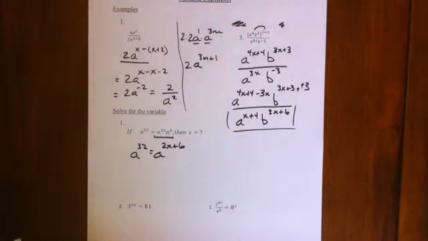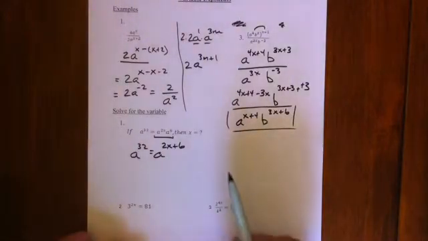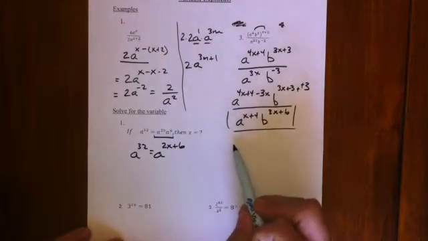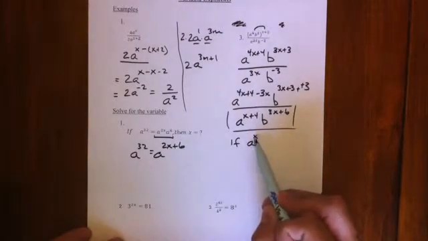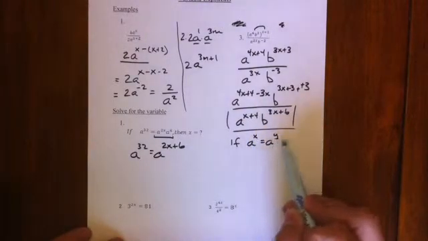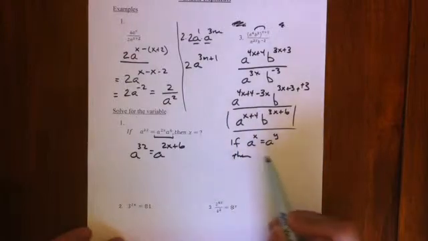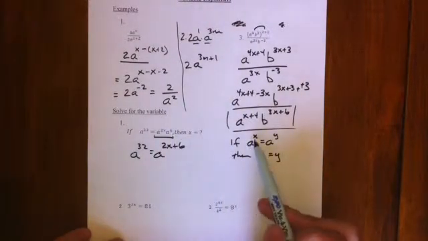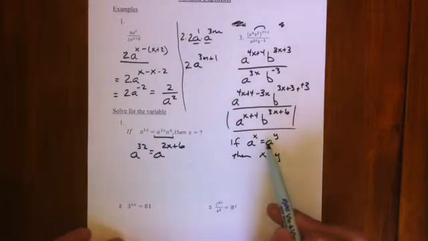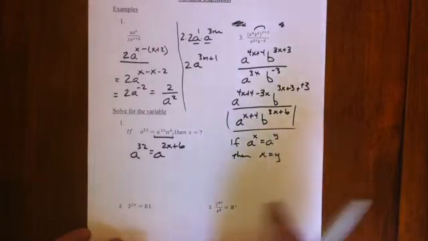Well, I'm trying to figure out what x is. What you're going to do is use this little idea that says if a to the x equals a to the y, then x has to equal y. Hopefully that makes sense. If I have a number to an exponent and this equals the same number to an exponent, those exponents have to be the same.